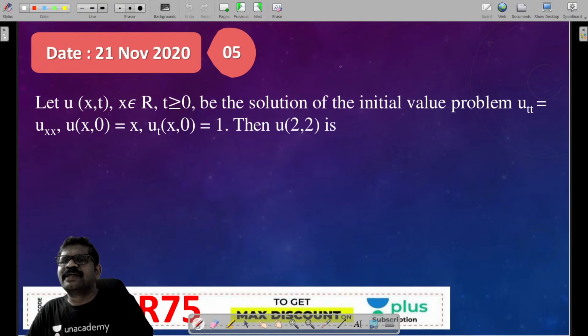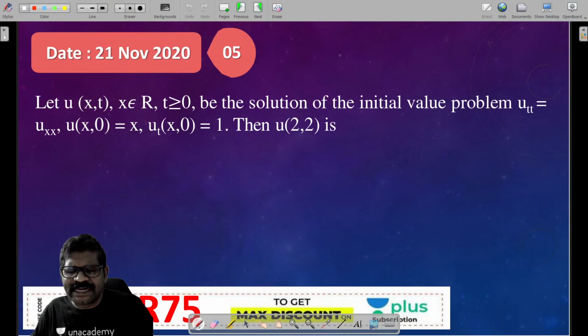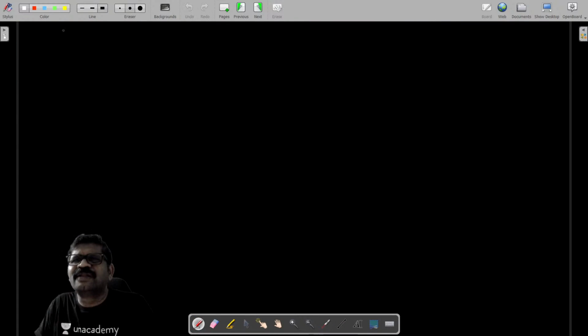Next problem: u of x comma t, x belongs to R, t greater than or equal to 0, be the solution of the initial value problem u_tt equal to u_xx. u_tt equal to u_xx means it is the wave equation.